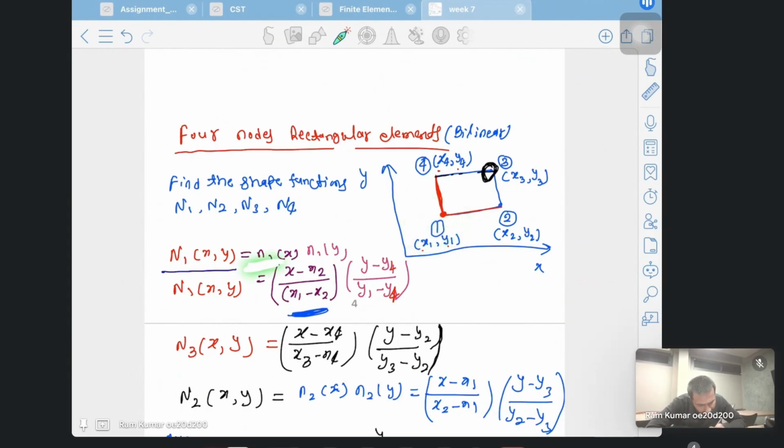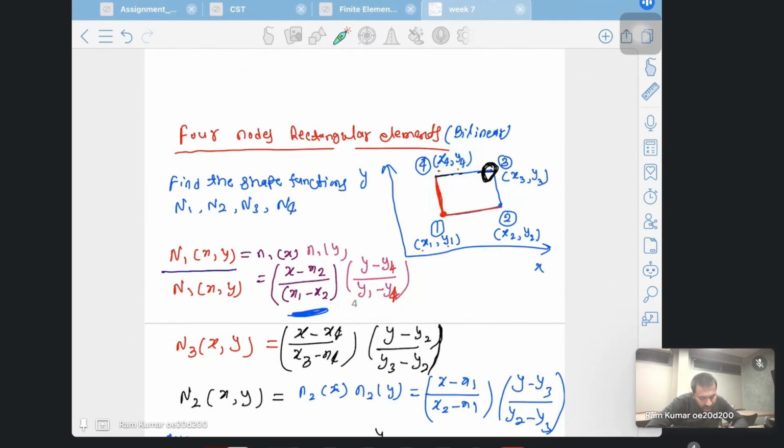The shape function in x direction times the shape function in y direction: n1 in x, n1 in y. What is n1 in x? It is (x minus x2) by (x1 minus x2), which is the length of this element. Similarly in the y direction, (y minus y4), because this is our y4 coordinate, divided by the length y1 minus y4. So this will be our n1.